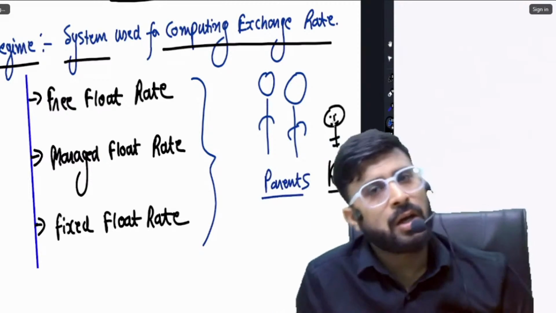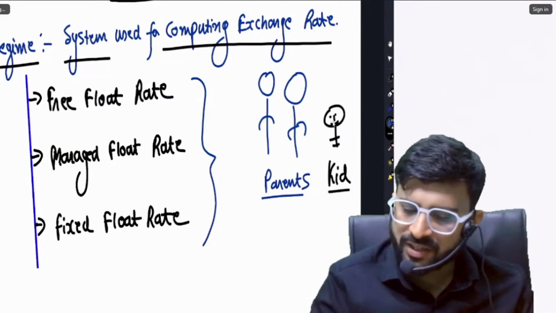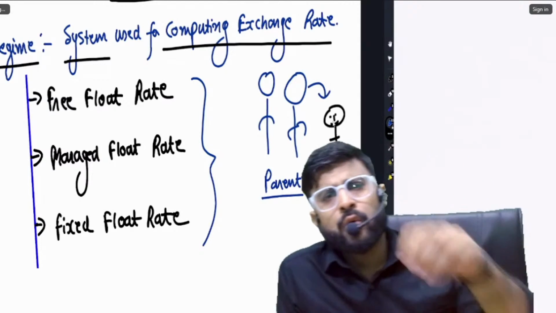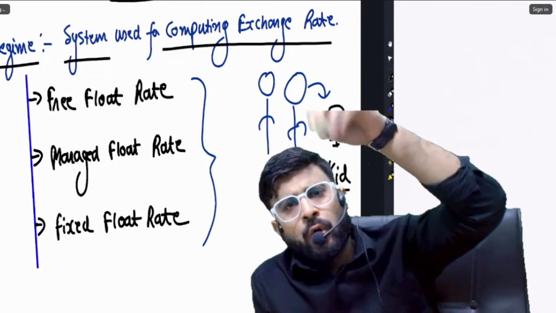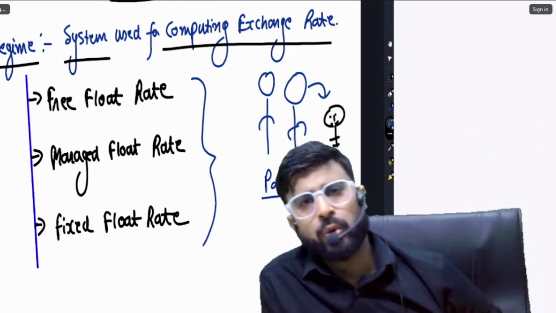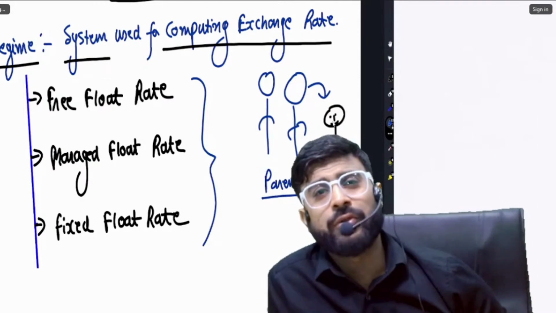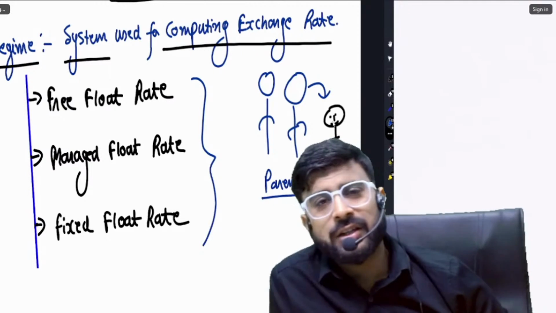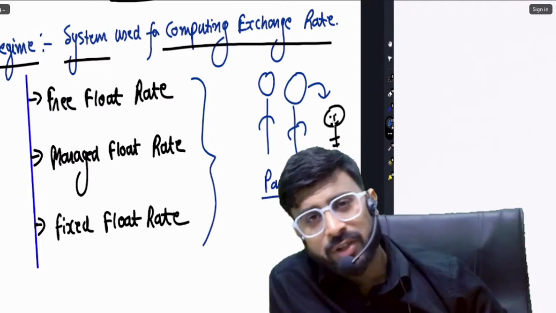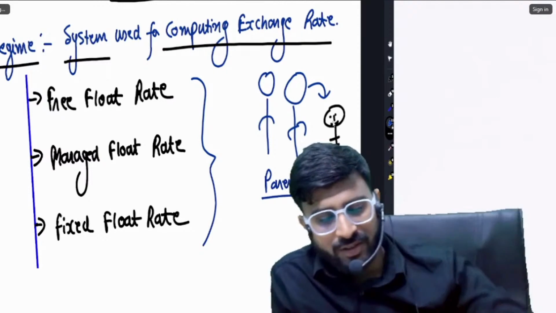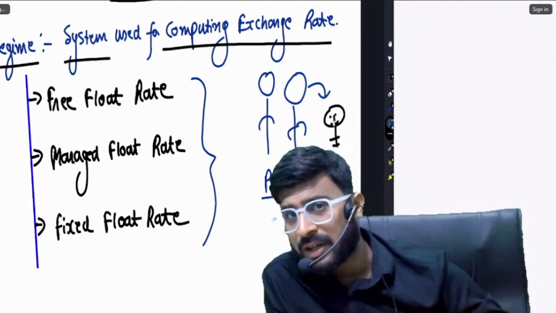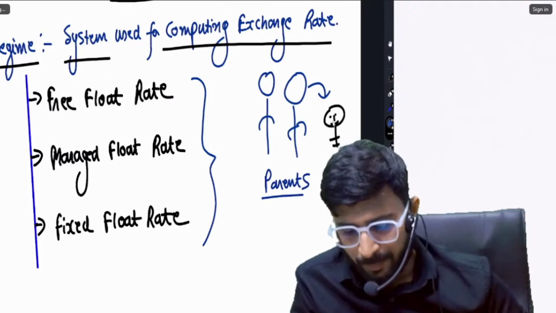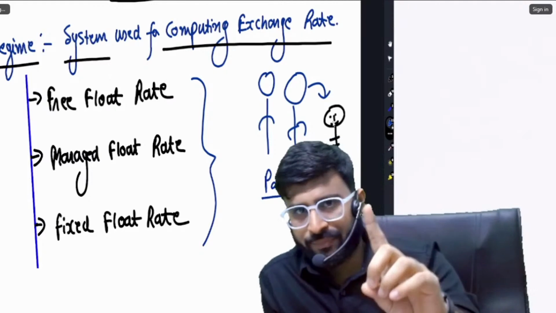Number one, parents tell the kid, do whatever you want to do. It's like that Hindi movie, DDLJ, I guess, right? Where in the end, the father of the girl tells, "Ja Simran, ja, live your life." That can be one treatment. The parents can treat the kid this way.